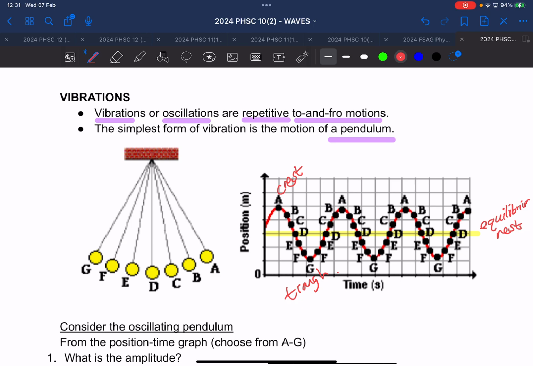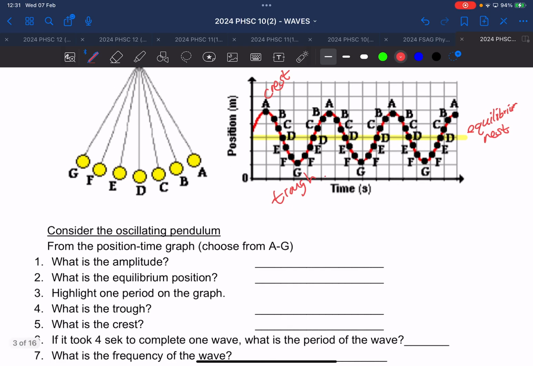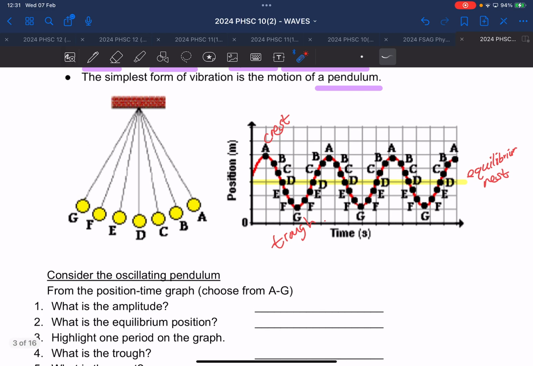Now let's read some questions. It says there, from the position time graph, choose A to G. What is the amplitude of this wave? Genevieve, let's start with you. What is the amplitude? What's the definition of amplitude again?